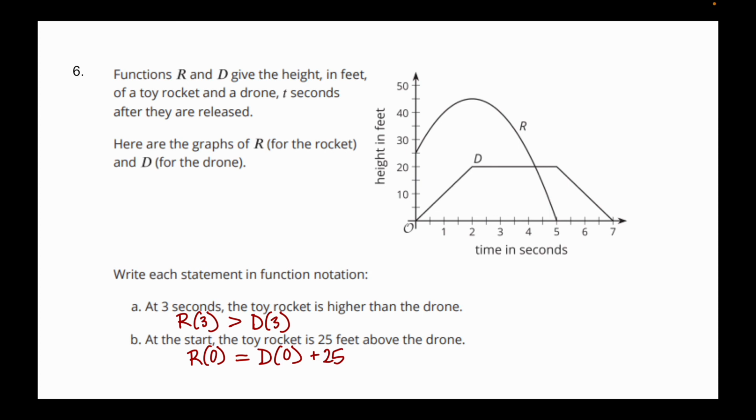And there we go. That's our function notation. So even though we could try to read these numbers from our graphs, we don't need to, because they just wanted us to write out the statements and not to actually solve for what those numbers are.